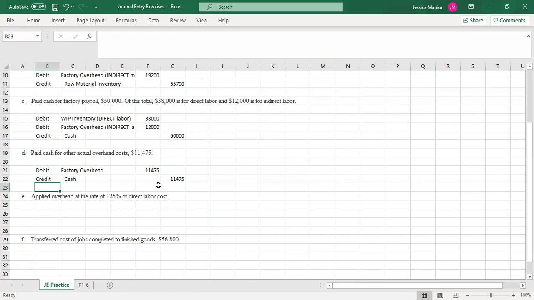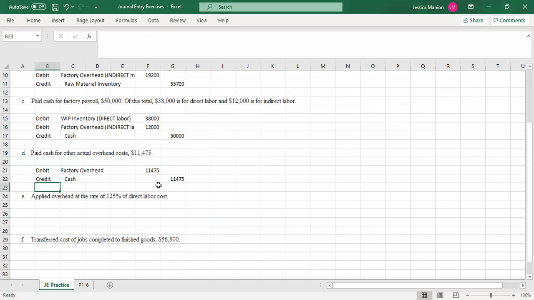All right, letter E, applied overhead at a rate of 125% of direct labor. So one thing we're going to learn more about when we get to chapter 4, when we get more into overhead, is this predetermined overhead rate. And if I'm remembering correctly, when I did the chapter 1 recorded lecture, we talked about it a little bit.